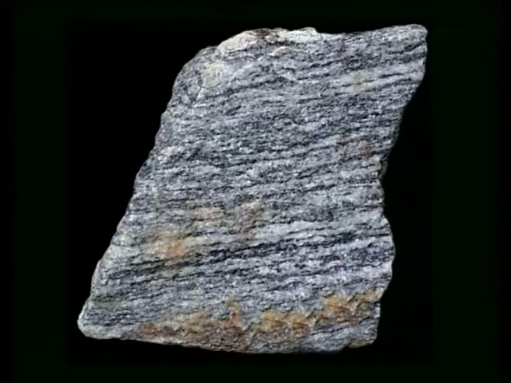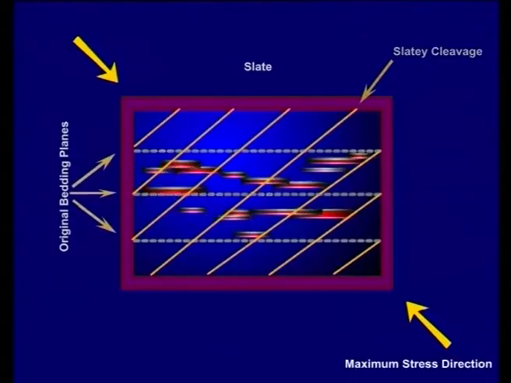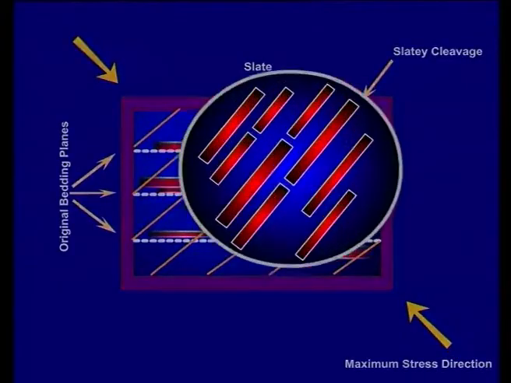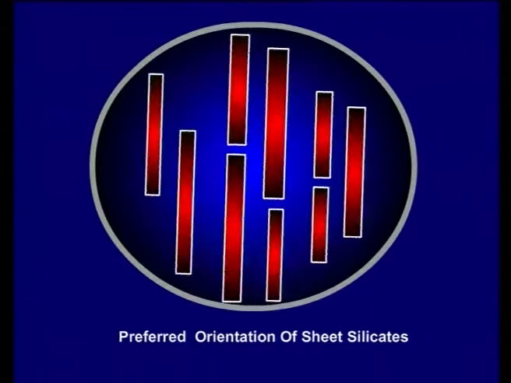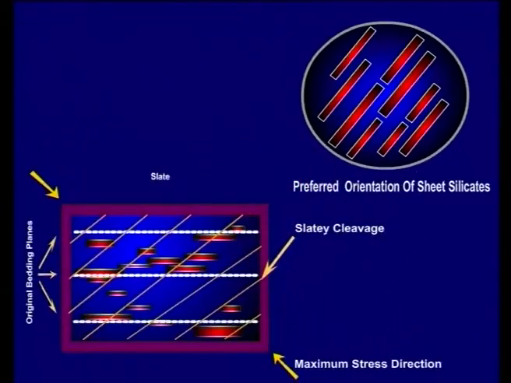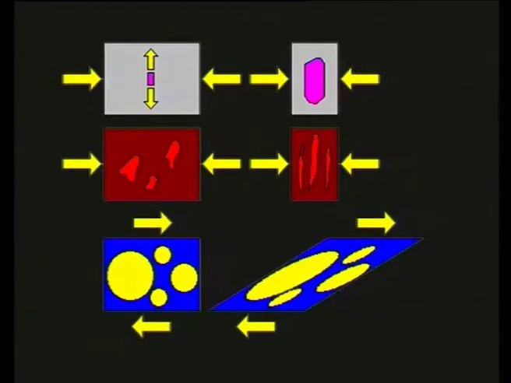As a response to this applied directed stress, the minerals existing in the rock either get reoriented or change their shape to the most stable position against the applied directed stress, and thus a preferred orientation, a parallel alignment of these mineral grains, forms in the rock, resulting in the development of secondary foliation. Thus, secondary foliations are very useful in understanding the direction from which the major directed stress was applied.